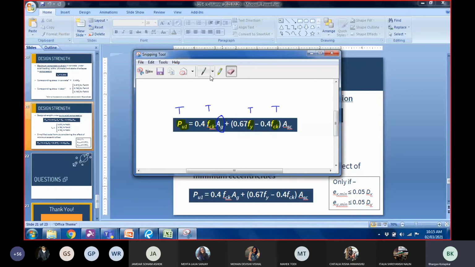So how will it change? Now we also have a true value of AG, which is something that we had assumed before. Now we'll use the same equation to find the true value of ASC. Any questions?